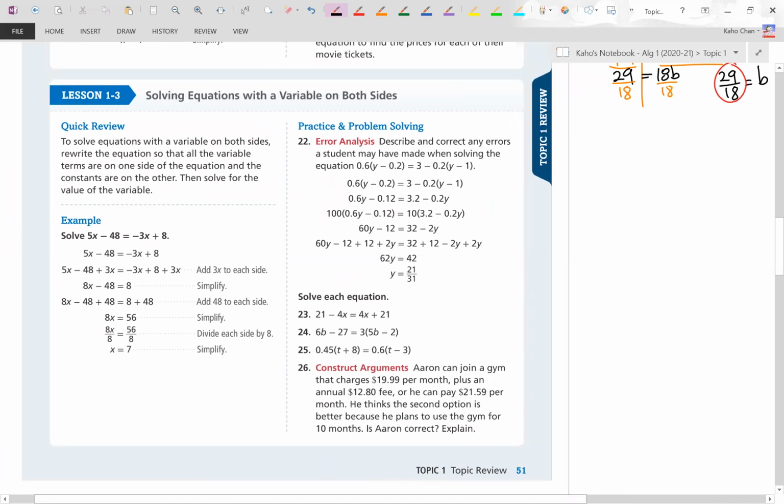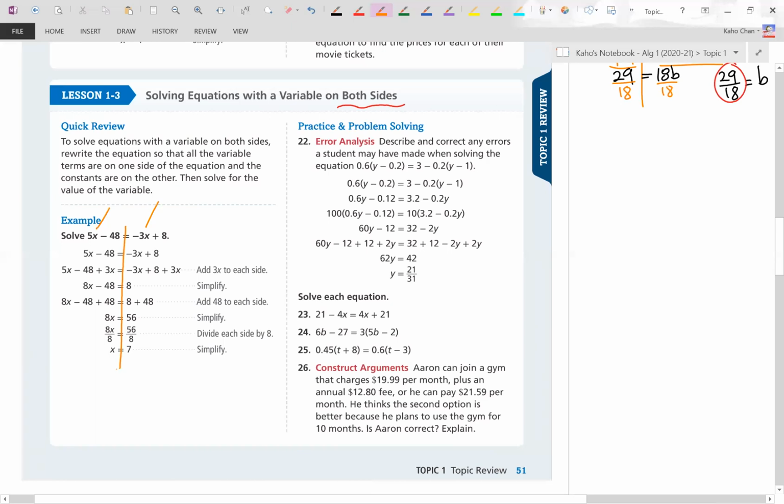To solve equations with variables on both sides, that's the key here. Rewrite the equation so that all the variable terms are on one side of the equation and the constants are on the other side. Then solve for the variable, the value of the variable. The point here is you need to combine terms by moving things to the other side. Notice in an example they give us, x shows up in both sides of the equation.